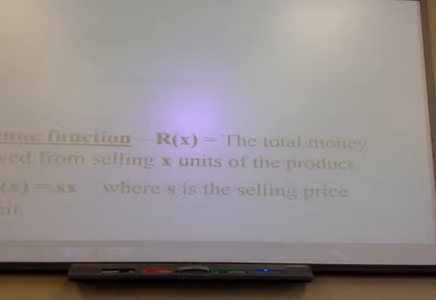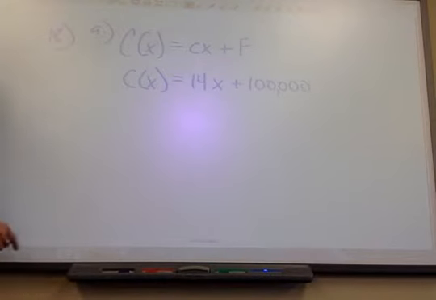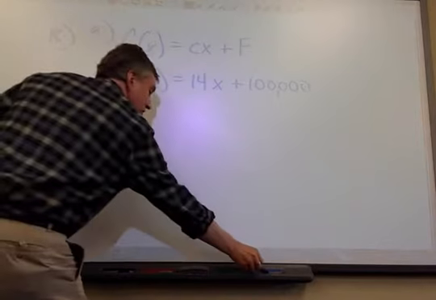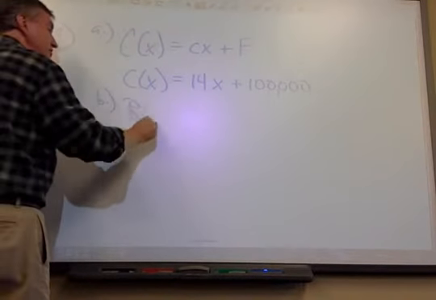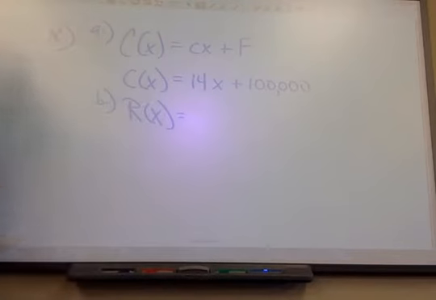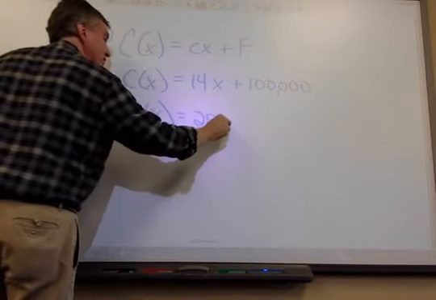So it's a very simple equation for the revenue function: selling price times number of units, the total money received. If they ask what's the revenue function for number 18, they tell me at the end of that statement the product sells for $20 a unit. So what's R of X? 20x.